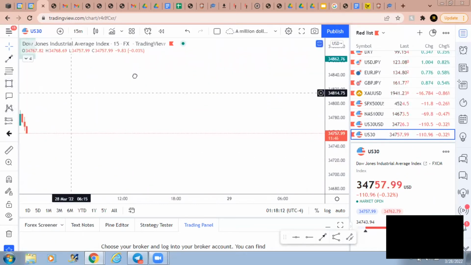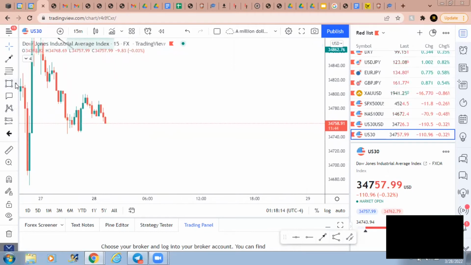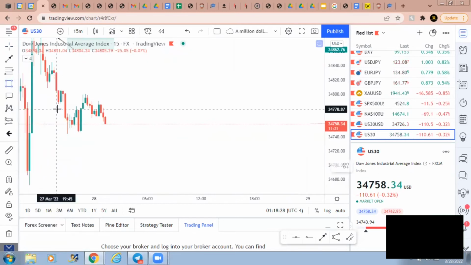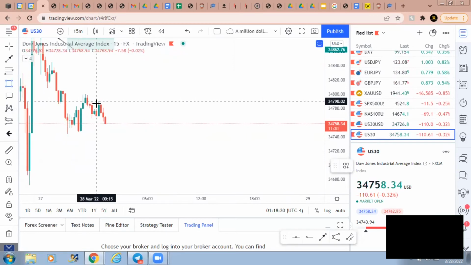And of course, this is the rectangle, and this is the geometric shapes. You have the brush, the highlighter, the rectangle, the circle, ellipse, path, curve, polyline, triangle, rotated rectangle, arc, and double curve. So let's say you want to use the rectangle. You literally can rectangle anything. Let's say I want to rectangle this bullish candle right here.